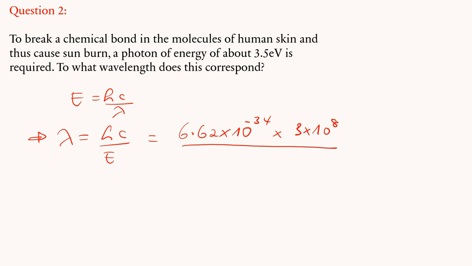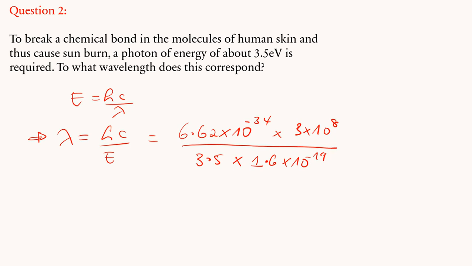All of this is divided by the energy, 3.5 electron volts, but we have to leave our answer in SI units, that is, we have to convert to joules, and the conversion factor is we multiply by 1.6 times 10 to the negative 19 joules. If you are going from joules to electron volts, you divide by this. If you are going from electron volts to joules, you multiply.